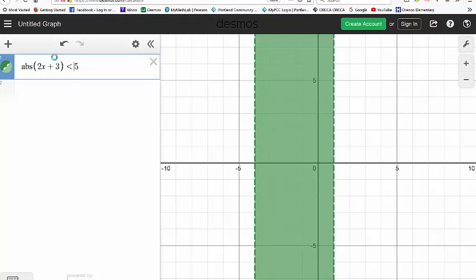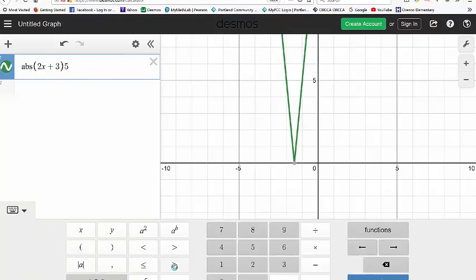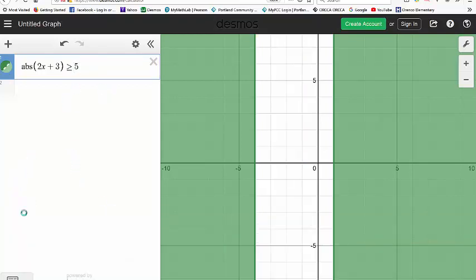Now, if we change this to greater than or equal to, down on the keypad here, they have a greater than or equal to sign. There we go. And then it gives us the two extremes: negative infinity up to -4, and then 1 to positive infinity. And you notice here, the vertical lines at -4 and at 1 are solid.